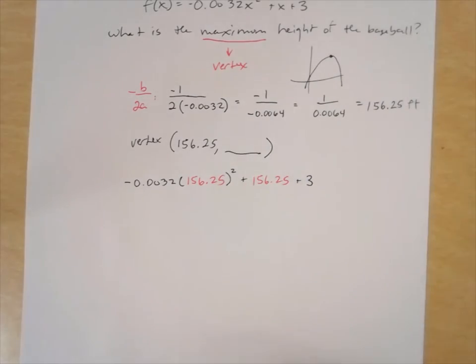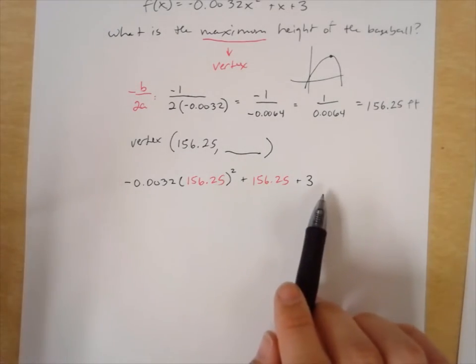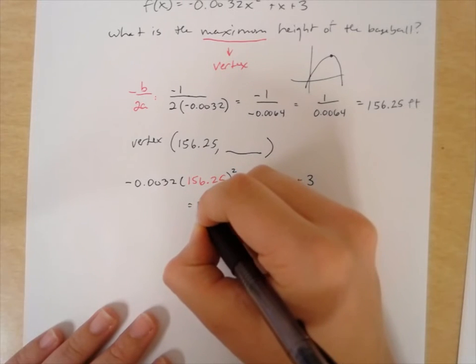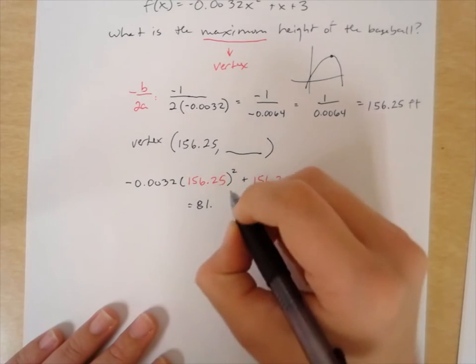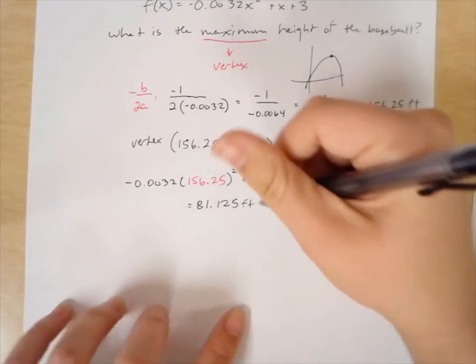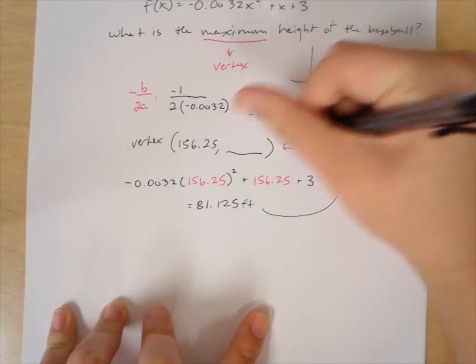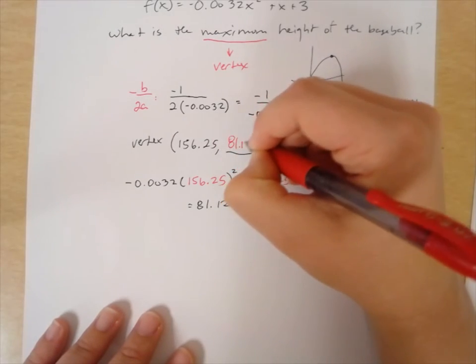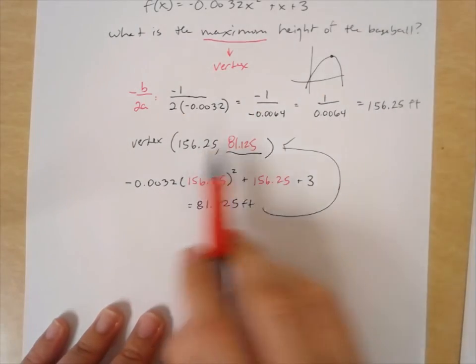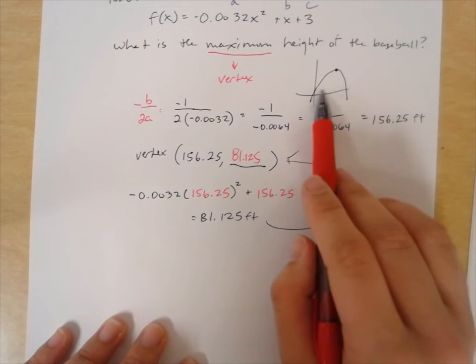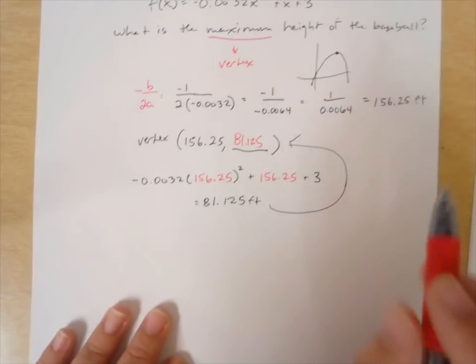And now when we substitute everything out together, if you just throw all this in your calculator, you guys, don't make it harder than it has to be, we get 81.125, and that's our answer in feet. And so we find that our vertex, our maximum, occurs at 156.25 feet out and 81.125 feet up.